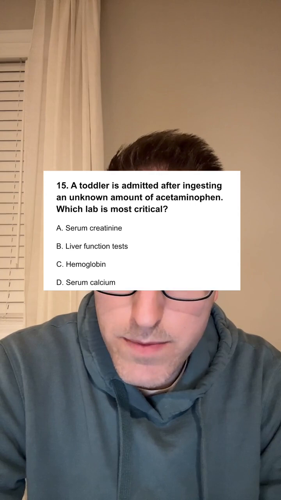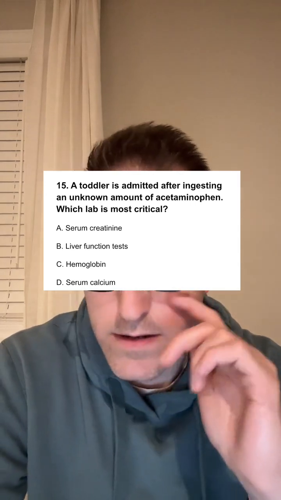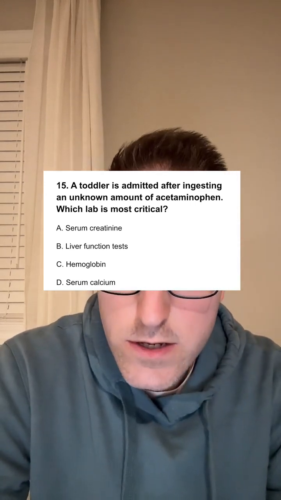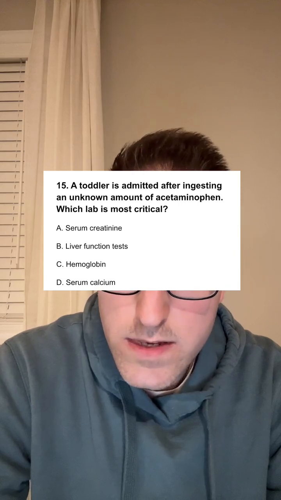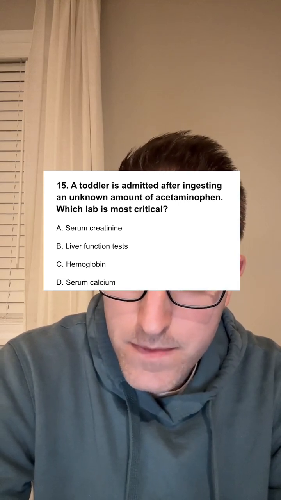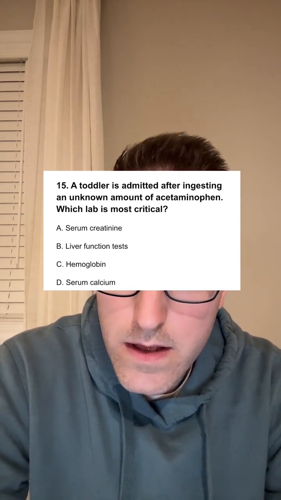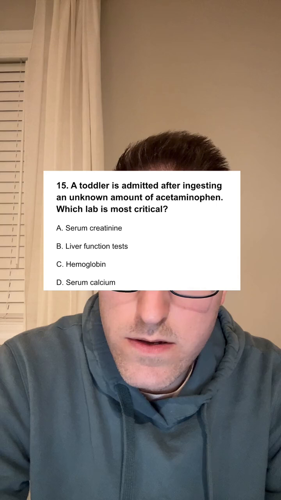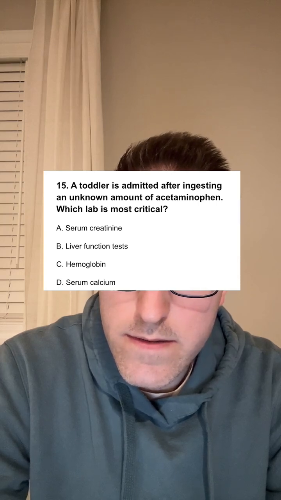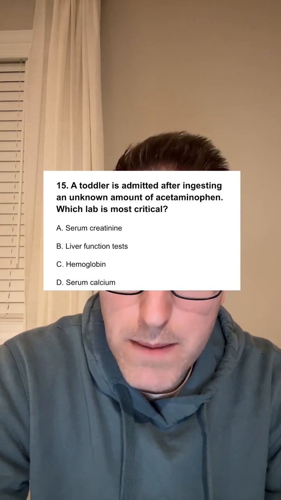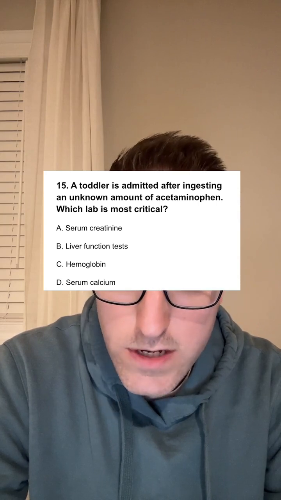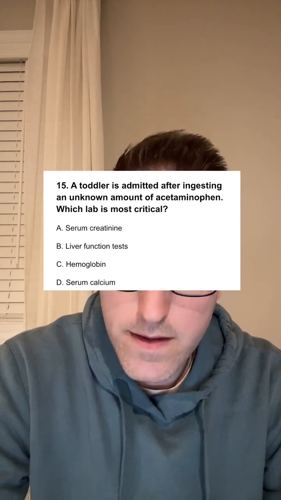Yep, the majority of you are jumping on B, that liver function, right? Because Tylenol is going to be metabolized in the liver, and so we want to see what that liver function test says. I don't think there was any other answer here that people popped in on. So yeah, liver function test is the priority.